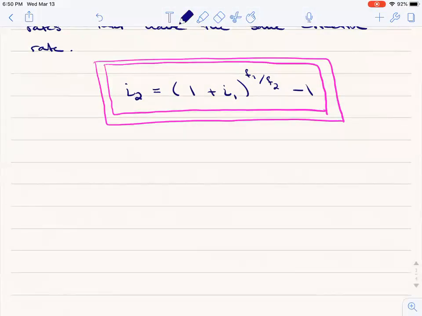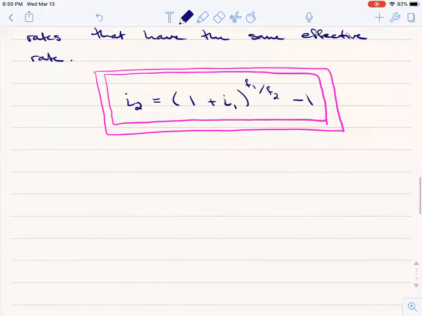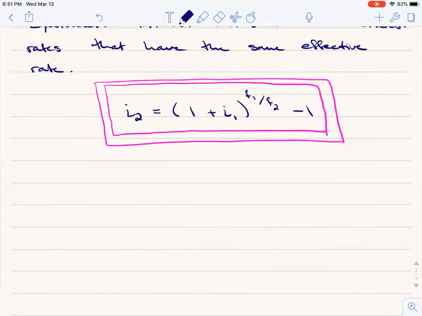Okay. So what we're doing here is we're moving from some frequency F1 to some new frequency F2, right?